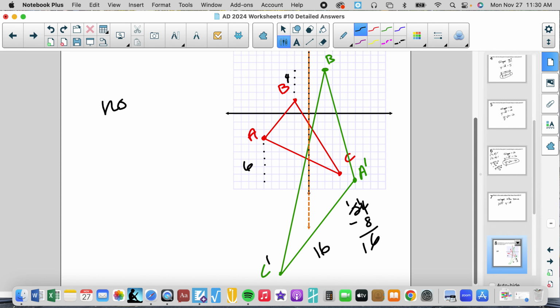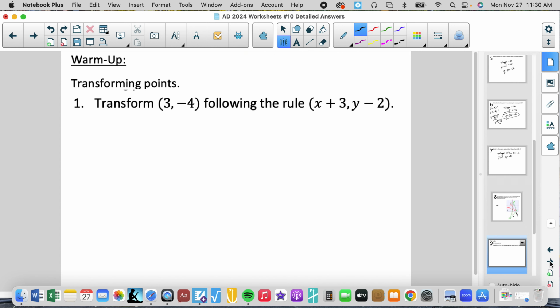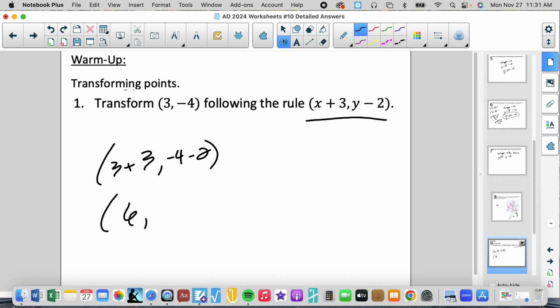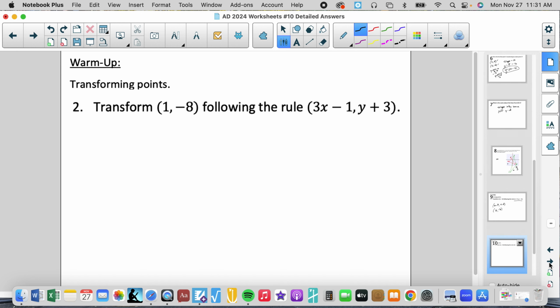Transformations, these are the warm-up problems following the rule. So here's that rule that we were talking about. When you plug in 3 for x and negative 4 for y, what's that new coordinate? It's going to be 6, negative 6, that's your prime, your new transformation point.